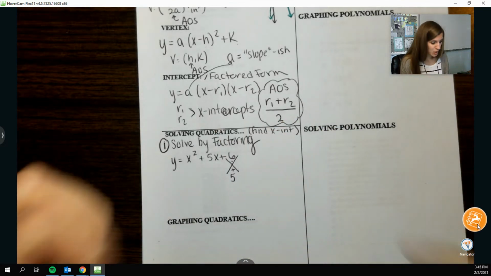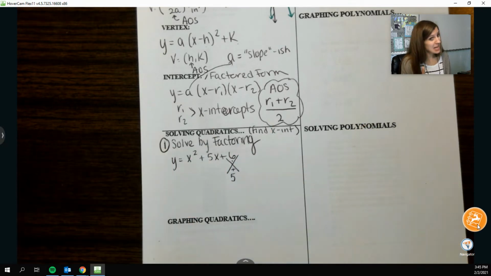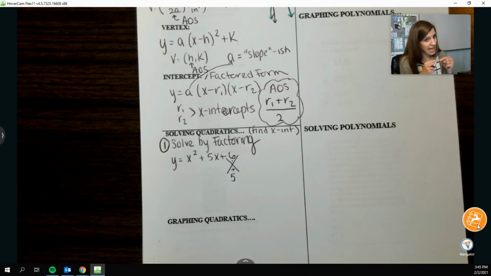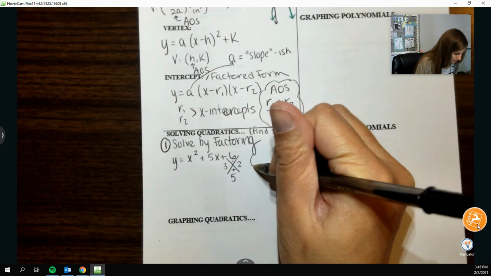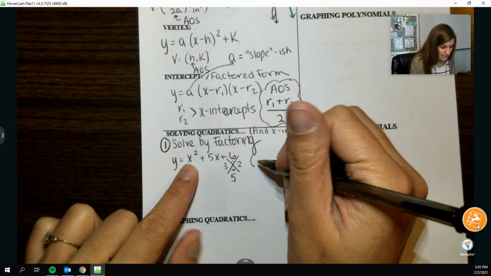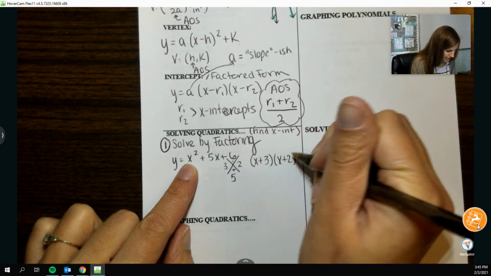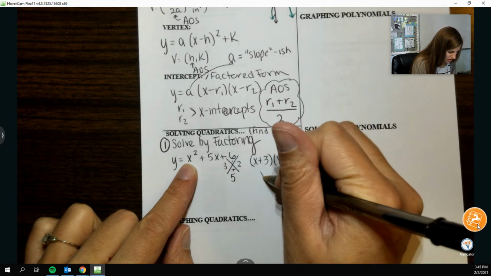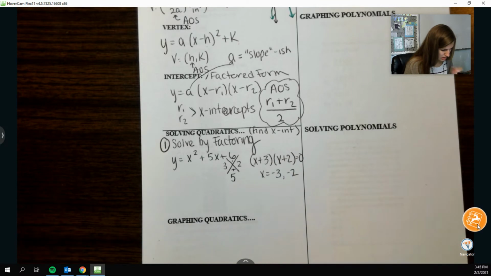It's like a little game, whatever multiplies to that last number, that c value. But at the same time, those same two numbers have to add up to that b value. So here it's 3 and 2. I take the x and I split it equally, so x plus 3, x plus 2. And then you just set each one equal to 0, so they're just the opposites, as x would be -3 and also -2.